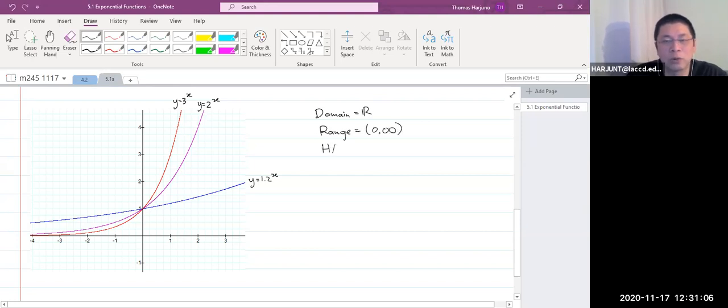Horizontal asymptote on the left-hand side, y equals 0. The y-intercept is (0, 1). No x-intercept. The function is increasing. And because it is increasing everywhere, consequently, the function is 1 to 1.